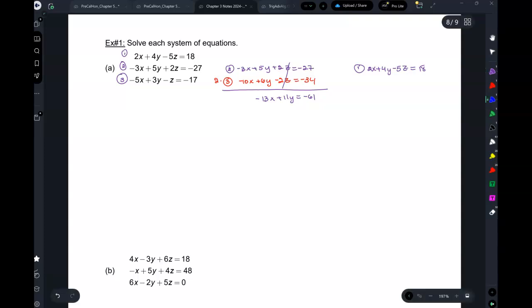And then I'm going to use equation 3 again. What am I going to multiply it by? Negative 5. So it'll be 25x minus 15y plus 5z equal to 85, right?